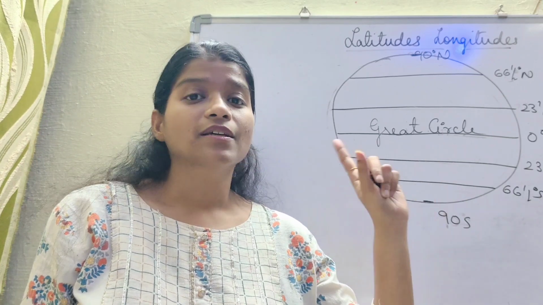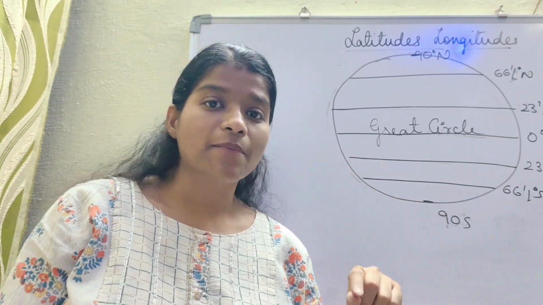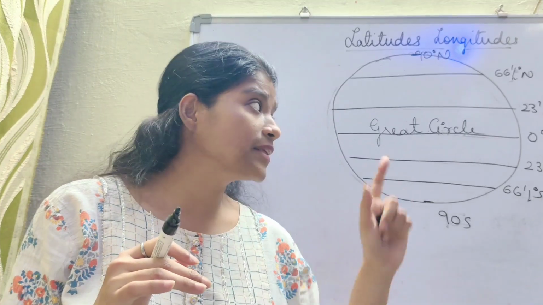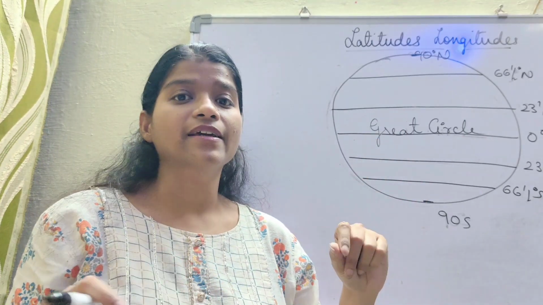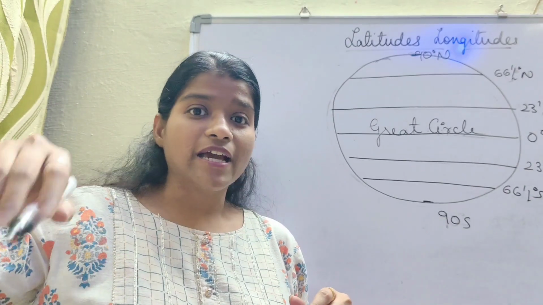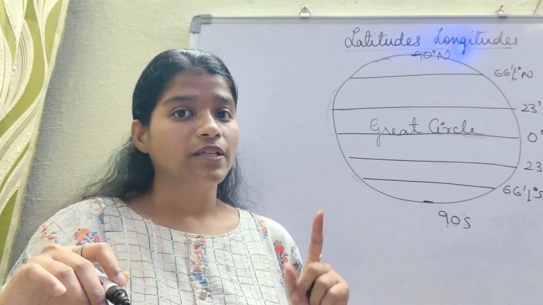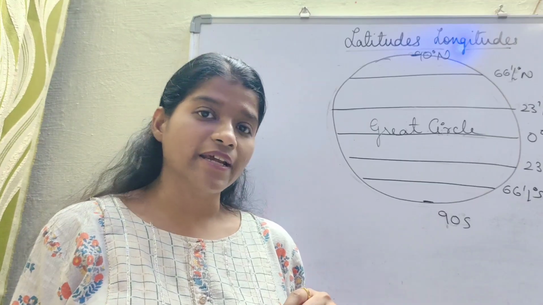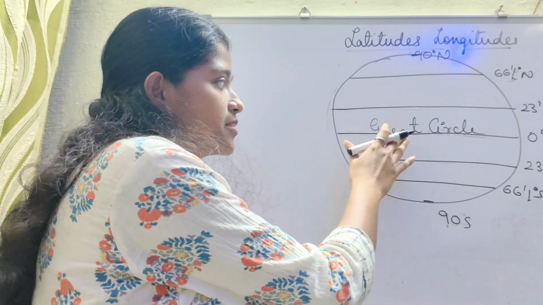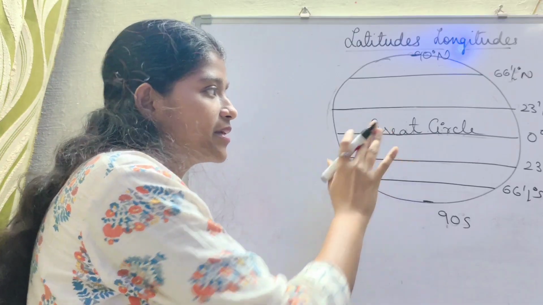Why? Because the equator line is the biggest circle which can be drawn on a globe. That's why it is called a Great Circle.